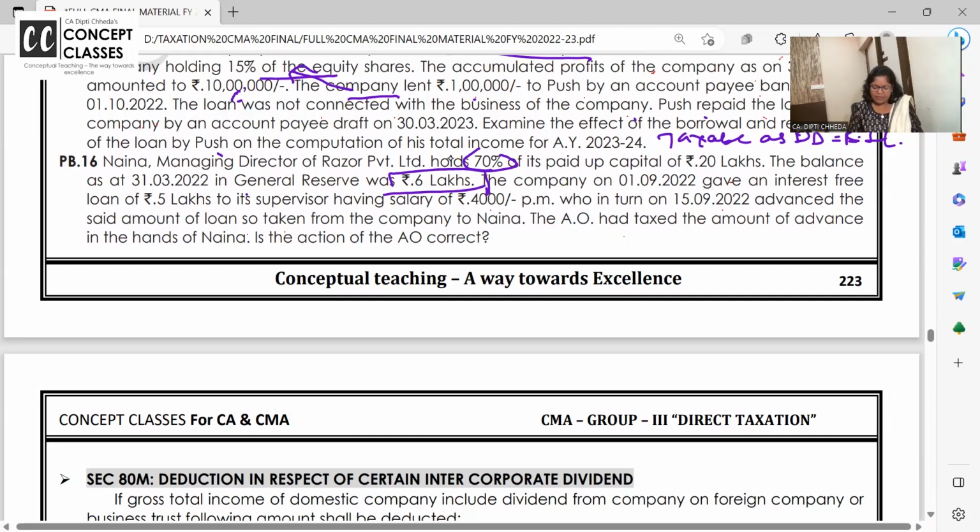of 5 lakh. The AO has taxed the amount of advance in full. No, the amount of reserves is 6 lakh, but the amount of loan given कितना है? 5 lakh, up to the reserves. So 5 lakh will be treated as deemed dividend.